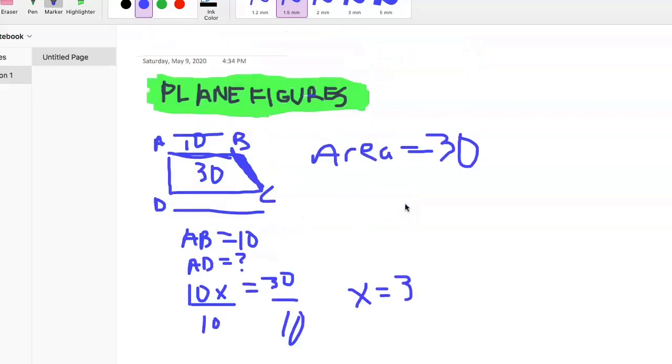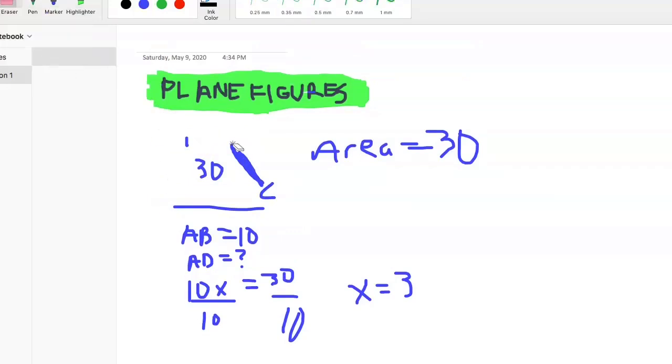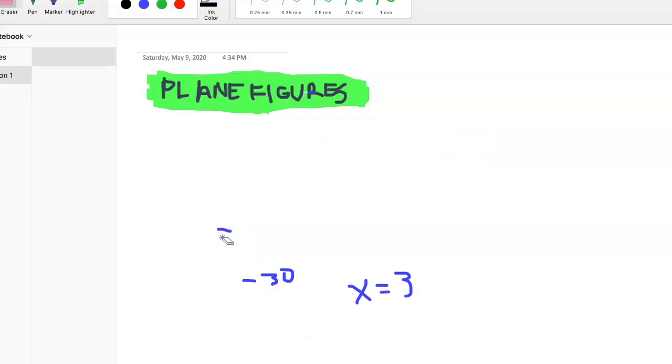And one more here. So that was trapezoid. And the last one will be rhombus. Rhombus looks an awful lot like a square. It looks like a square just flipped on its side a tiny bit. It looks kind of like a diamond.